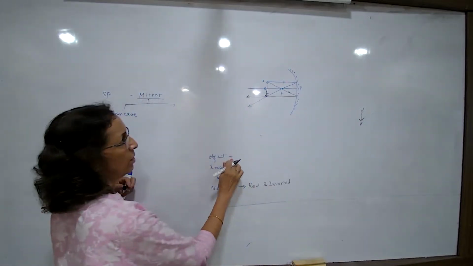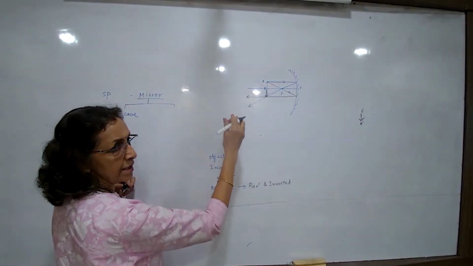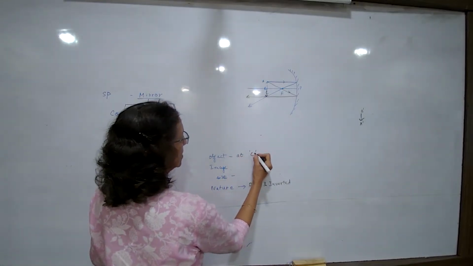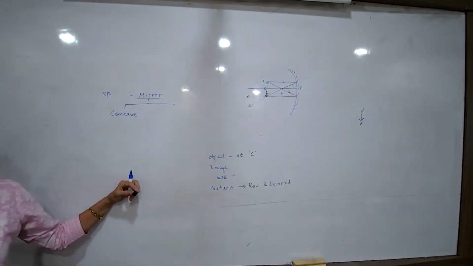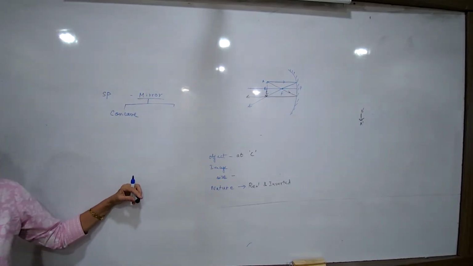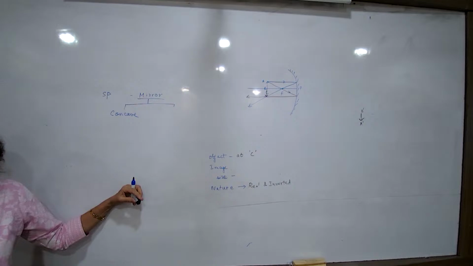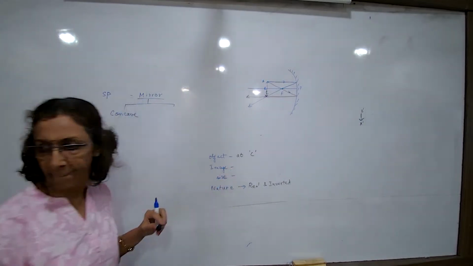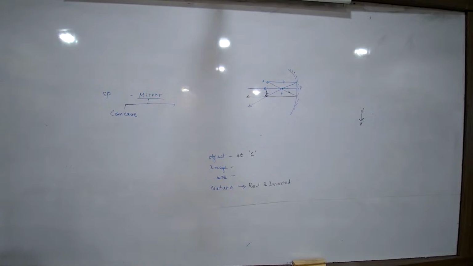Where is our object now? At C. Did you all agree to that? It is present at C, at the center of curvature. Right? Where is our image formed? It has to form at C. If your diagram did not come out properly, that is why. It will come.